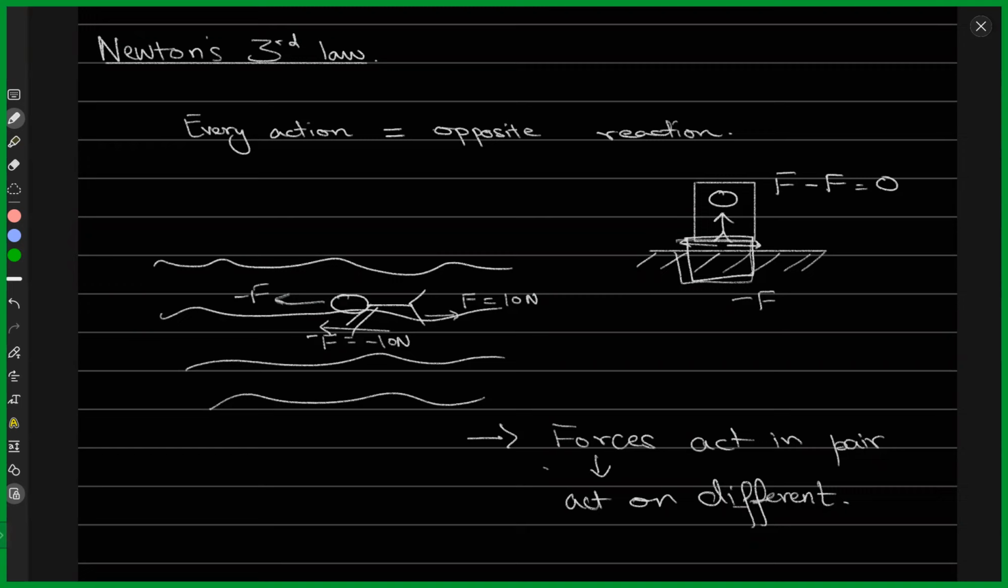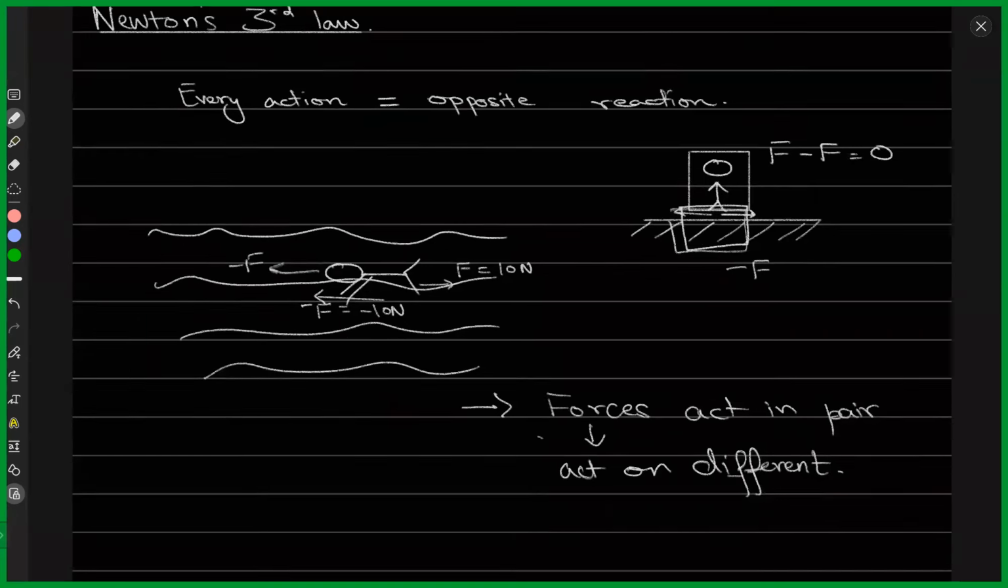Okay, so I'll do it over here. Anyways, let me just draw this thing again. So we have a swimming pool, water, and there's a person inside this pool who wants to swim, right?